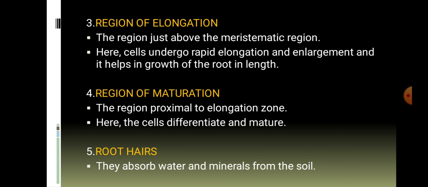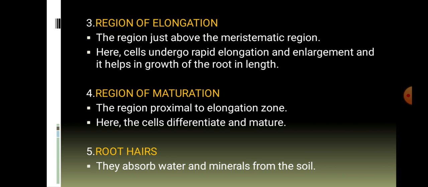Here cells undergo rapid elongation and enlargement and it helps in growth of root in length. Region of maturation includes the region proximal to the elongation zone. Here the cells differentiate and mature.